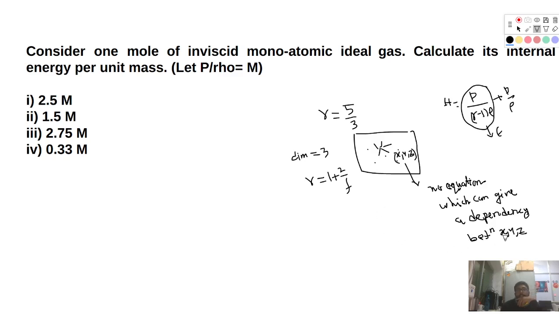The degree of freedom is the number of independent coordinates. So here you have 3 independent coordinates, so you have 1 plus 2 by 3. Sumit? Yes, I'm following that. So this is 5 by 3.